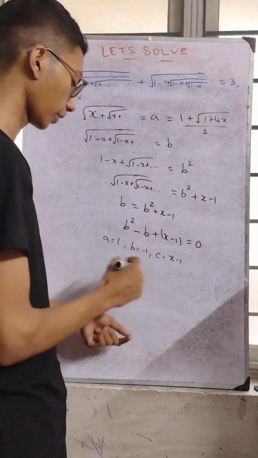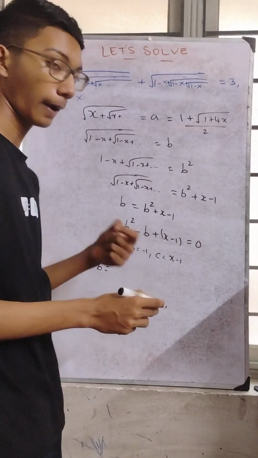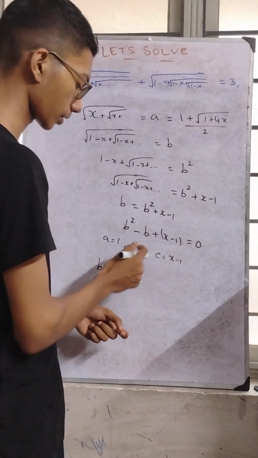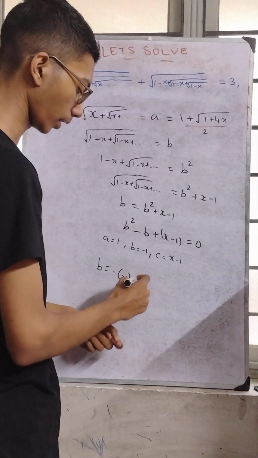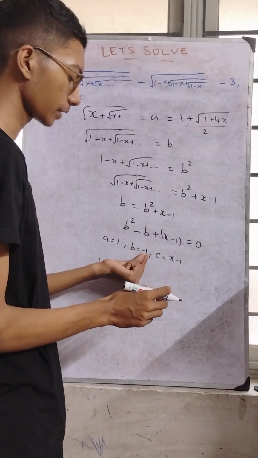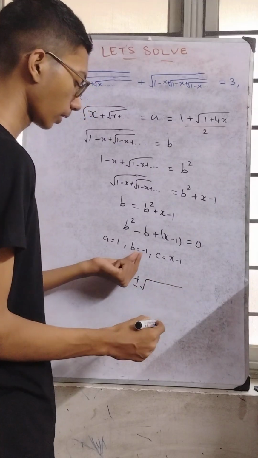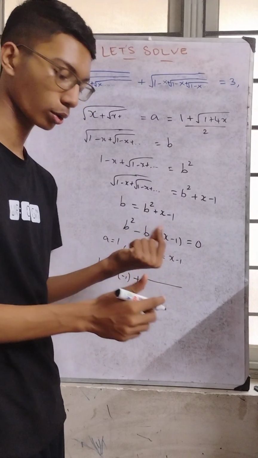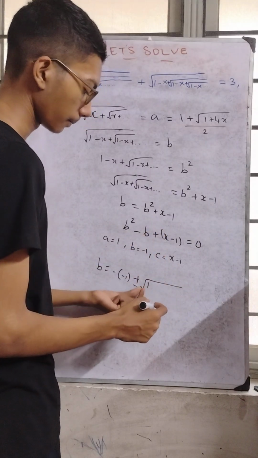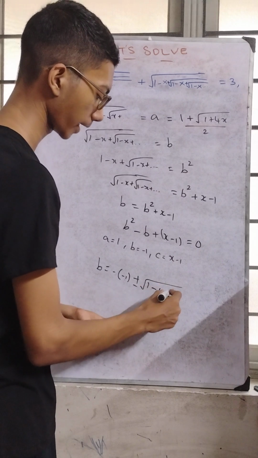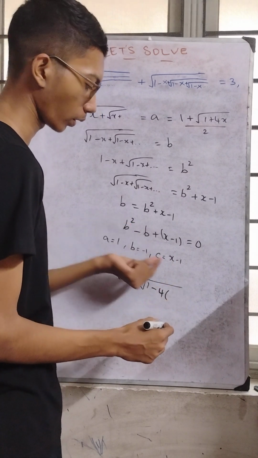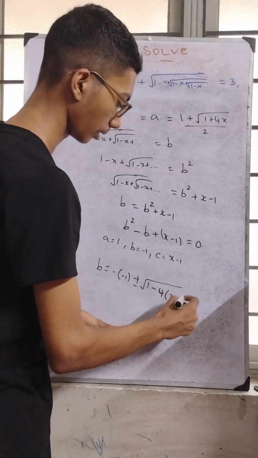Doing the same thing for b. b equals minus b, so minus of minus 1 is 1, plus or minus root b square, minus 1 the whole square is 1, minus 4 times of a. a is just 1 and c is x minus 1.